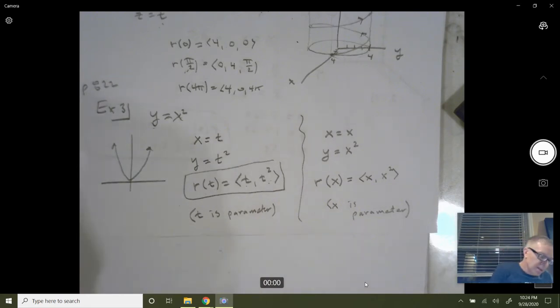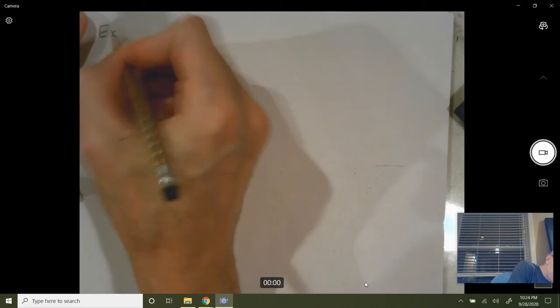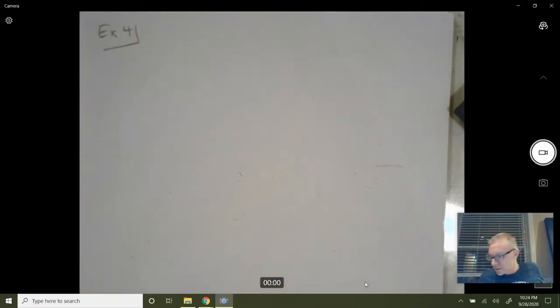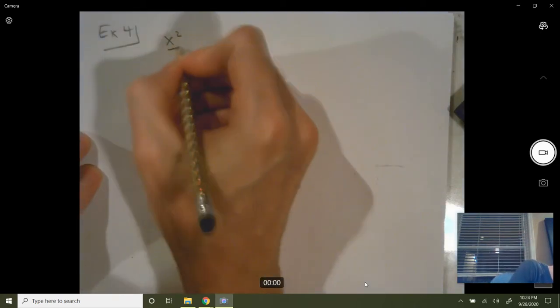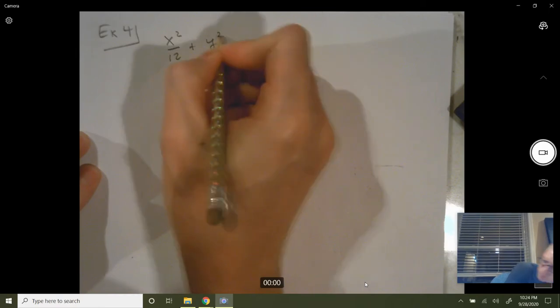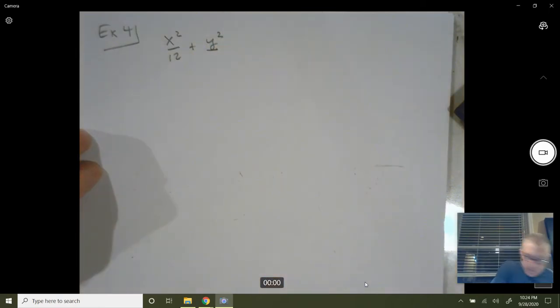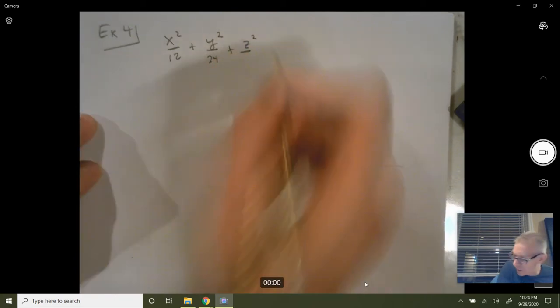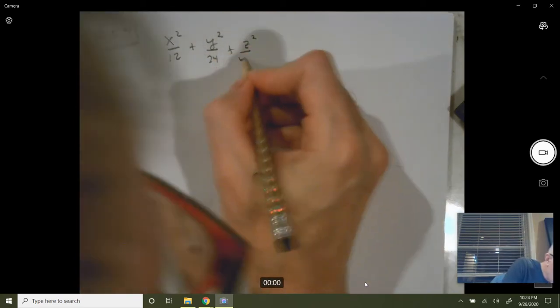Okay, then let's go to example 4. Sketch the space curve. So here's going to be a curve in 3 dimensions, represented by the intersection of the semi-ellipsoid x squared over 12 plus y squared over 24 plus z squared over 4 is equal to 1.